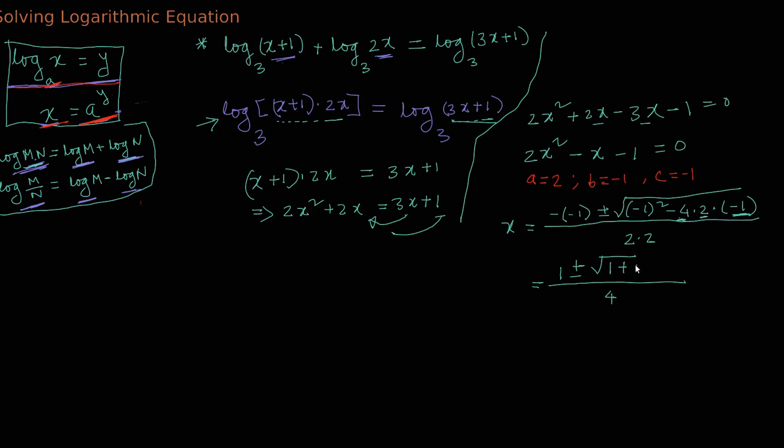So it is 4 in the denominator and 1 plus minus square root of 1 plus 8, which is 9, and the square root of 9 is 3. If you simplify, you get x equal to 1, and another one x equal to negative half. These are the two probable solutions I am getting.